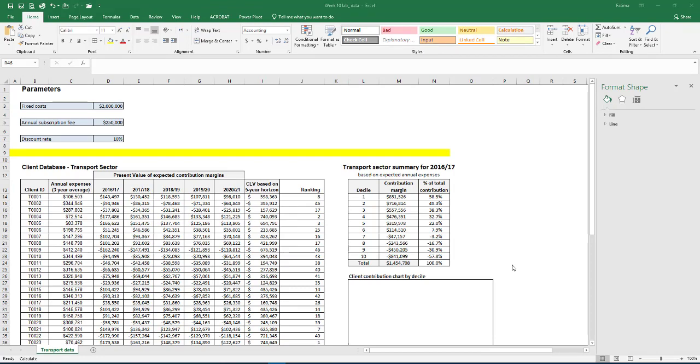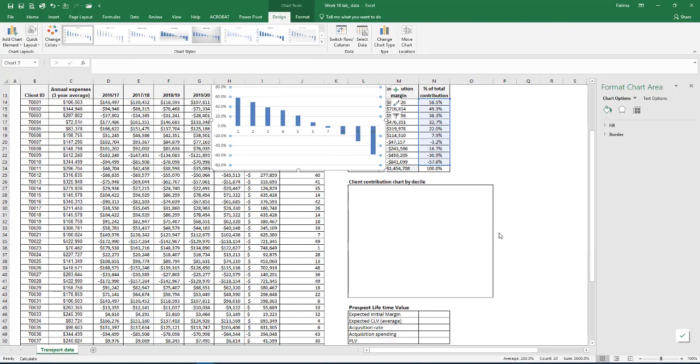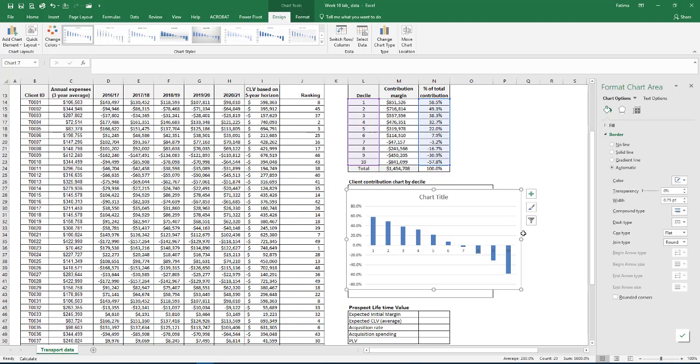To make it easier to interpret, let's draw a chart and see how these deciles look. I would select the 10 deciles with the total contribution, and I would use one of the recommended charts. We have put this box here.